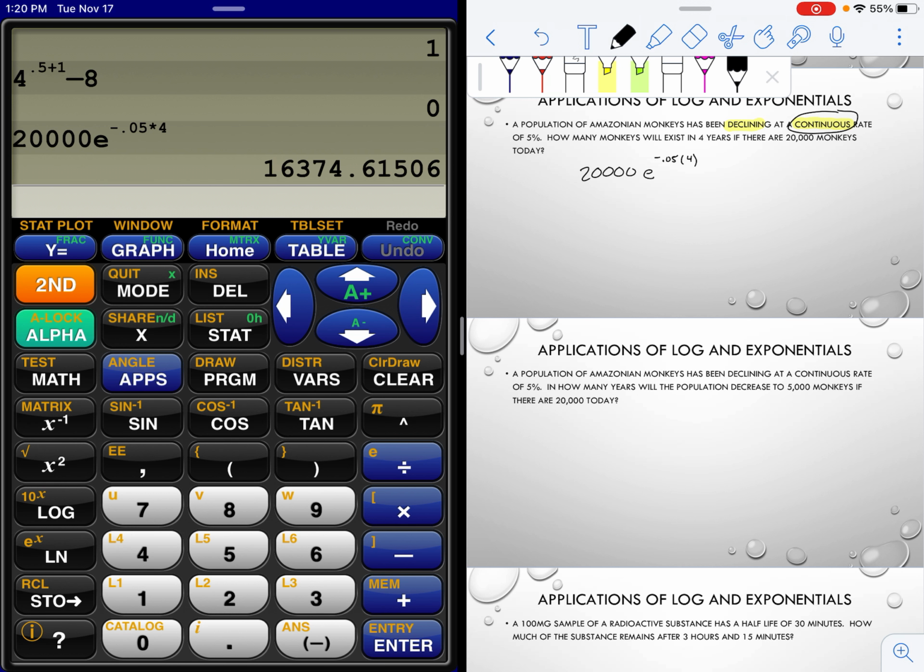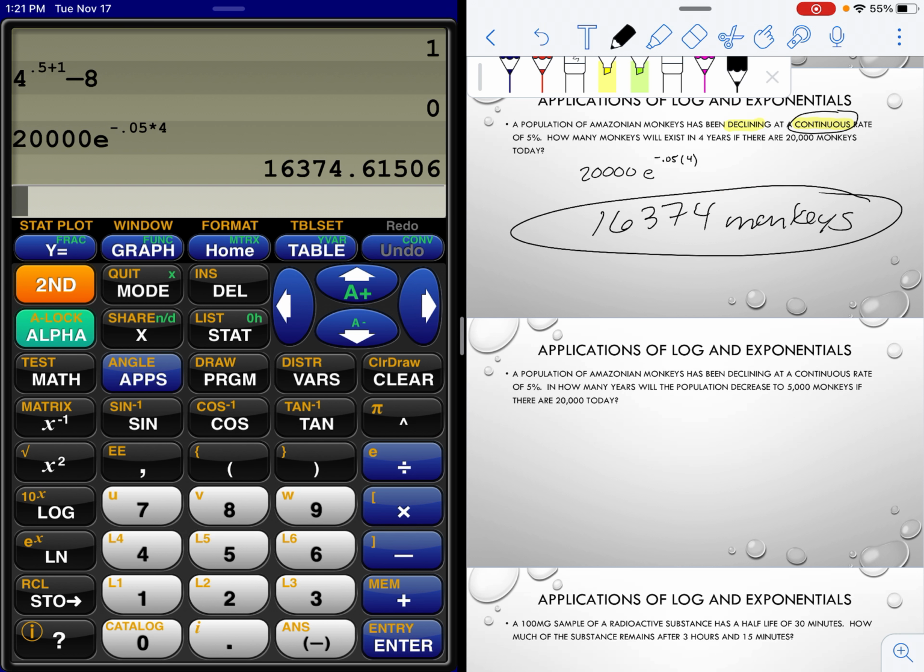Okay, that means we'll have 16,374 monkeys after 4 years if they continuously decrease at that specific rate. All right. Okay. So that's just an example of a continuous decrease where your rate has to be negative.